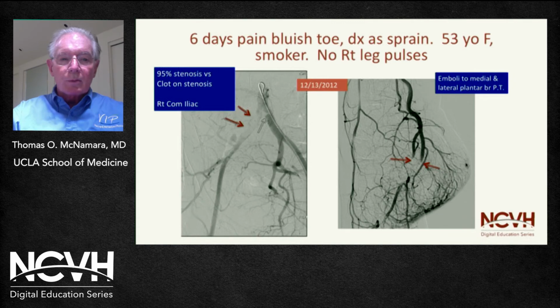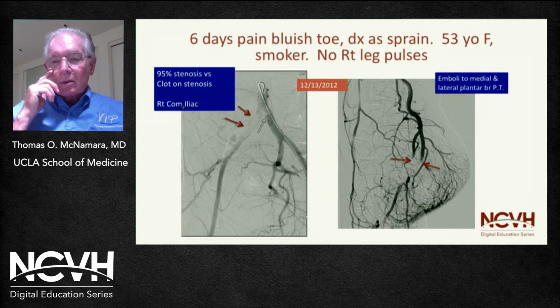This is another patient, more proximal lesion. You can see that the patient has a left iliac stenosis, but high-grade stenosis on the right, which we suspect is a combination of underlying stenosis and thrombus.